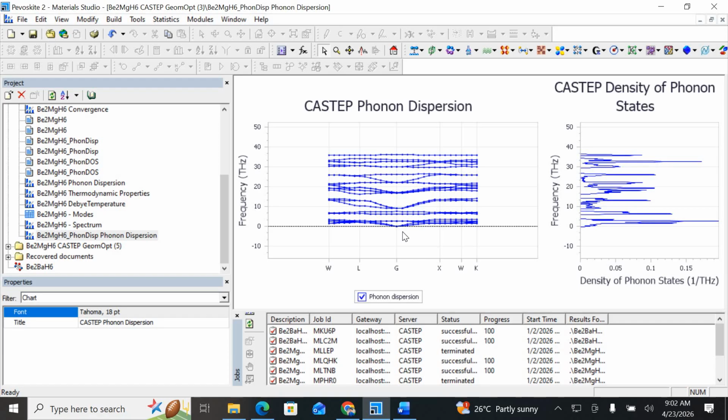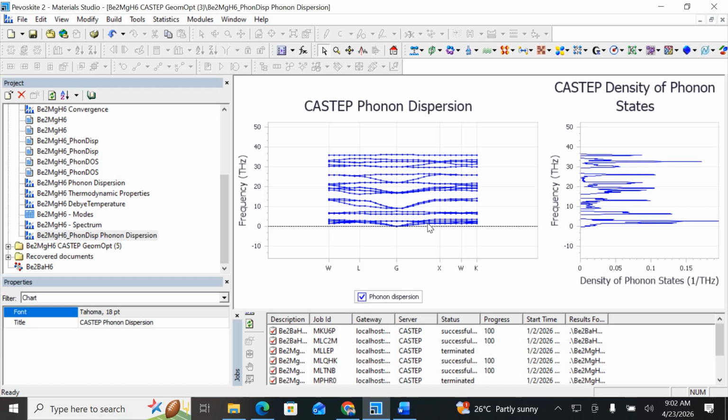Both are equally important, and a material may be thermodynamically stable but dynamically unstable, which means it cannot exist in reality. Similarly, a dynamically stable structure with high energy is also not favorable. Therefore, in a complete DFT study, both conditions must be satisfied. It's a very strict rule.